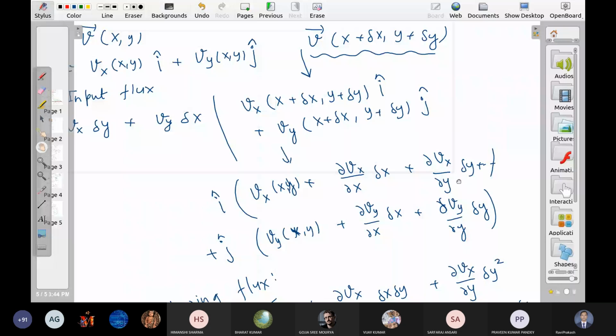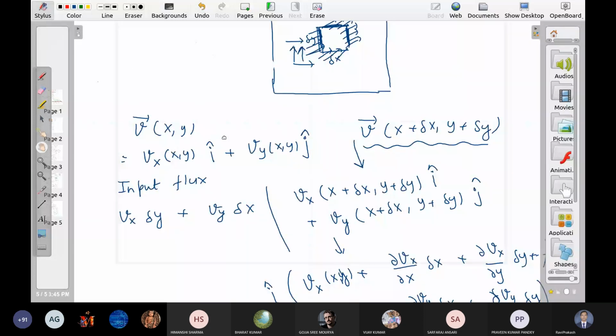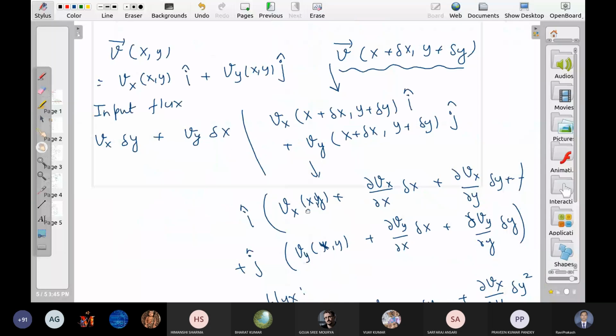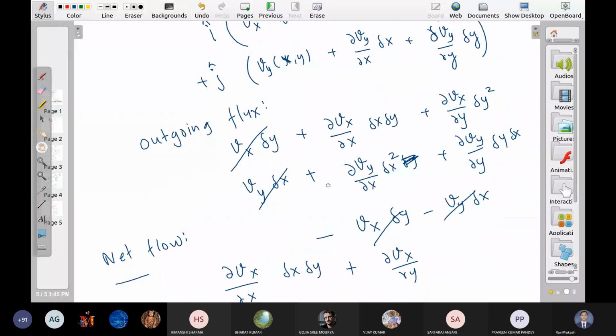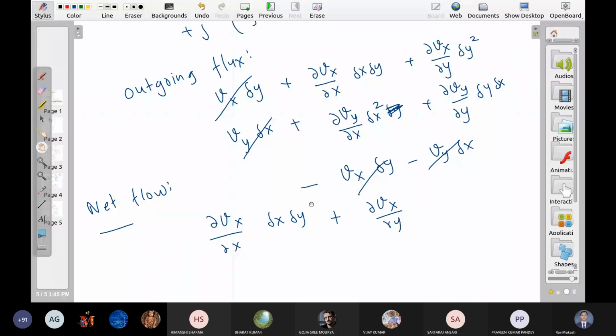So incoming flow is also increasing then. And this is also not right.